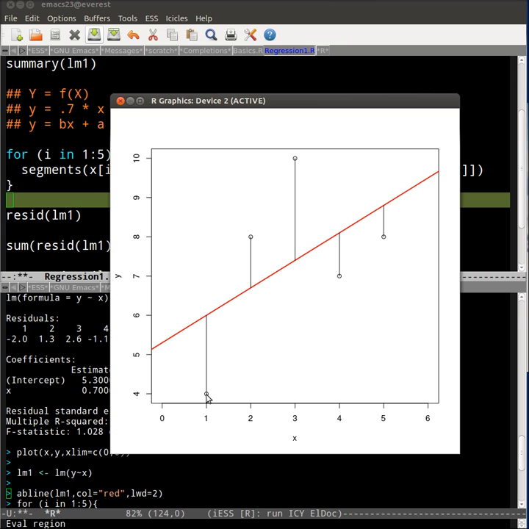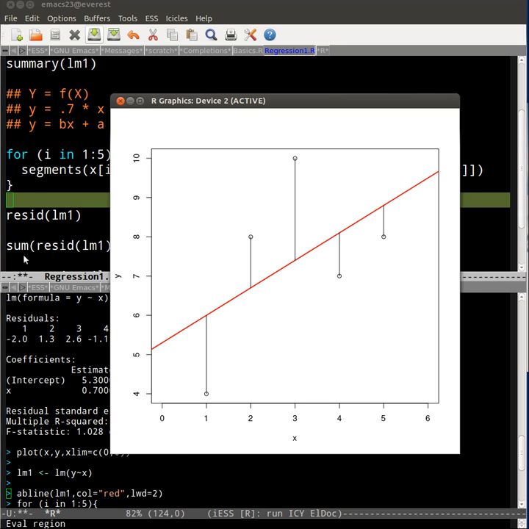So here, x is 1, y is 4, is y observed. And y expected is going to be someplace around here, looks like about 6. So you can imagine that this is going to be off about 2, right?